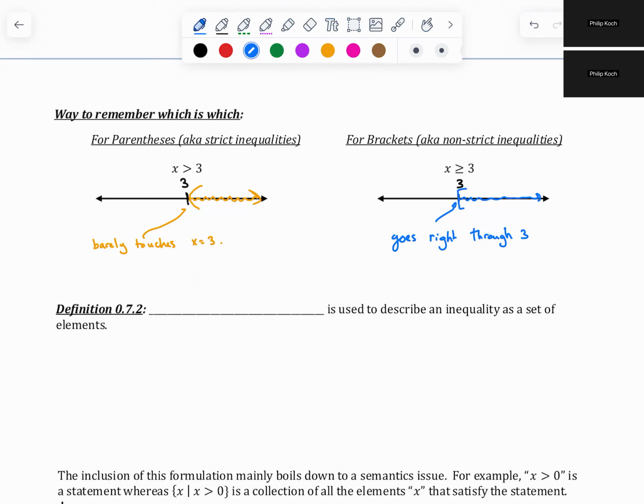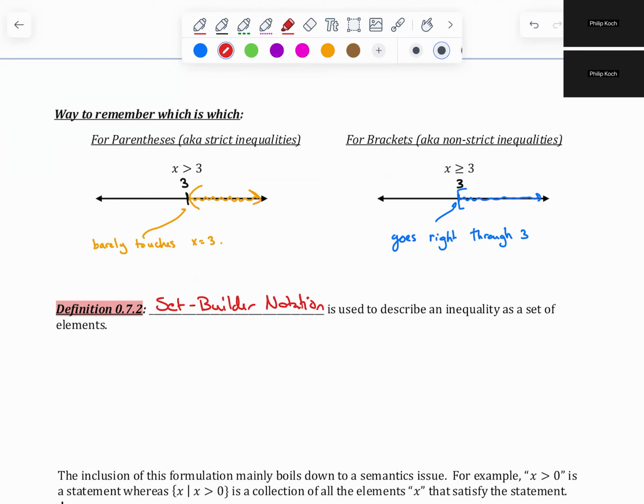So the next way you can describe inequalities, specifically the set of inequalities, is set builder notation. Set builder notation is a way to describe an inequality as a set of elements.